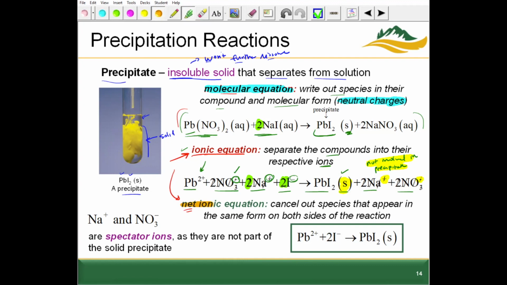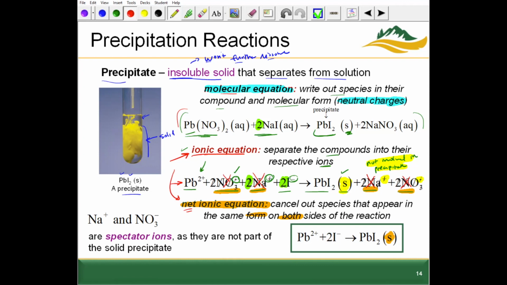Now, for the net ionic equation, this is when we cancel out any species that appear in the same form on both sides of the reaction. So these over here were the ones not involved in forming the solid precipitate, so they're present on both sides of the reaction. Therefore, we end up canceling these out and writing out our net ionic equation. To clarify, this is still the ionic equation without these x's here, right?